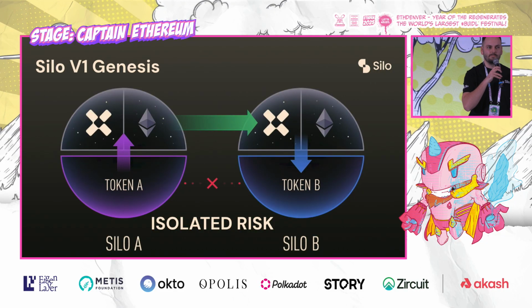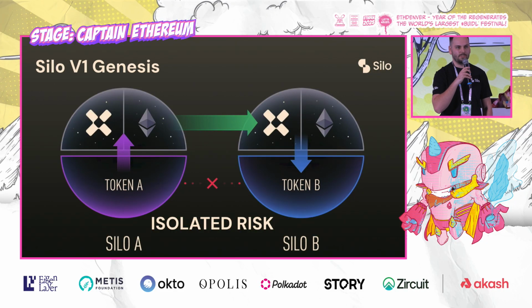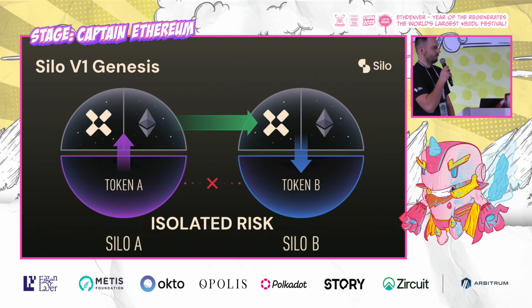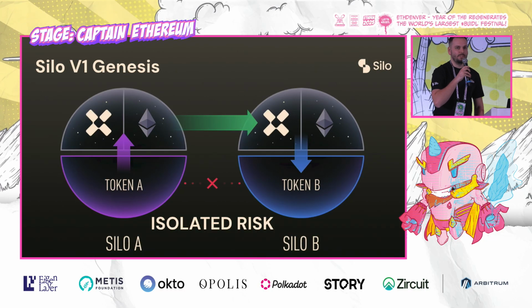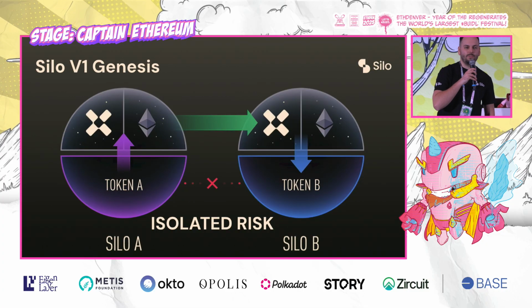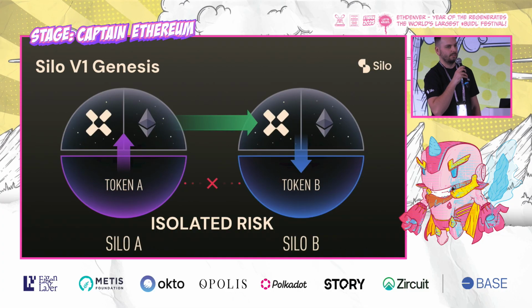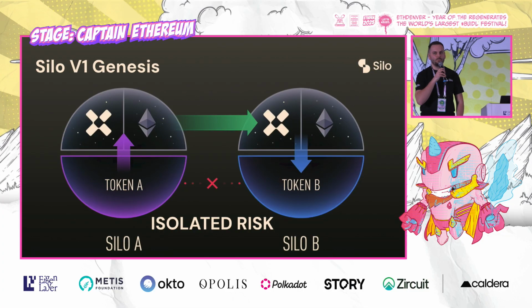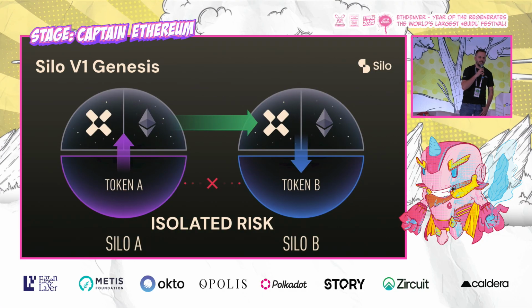Silo was created as a necessity to make the lending market more secure during the old times, DeFi summer 2020, 2021. We had a lot of demand for risk assets and those risky tokens that were just released.